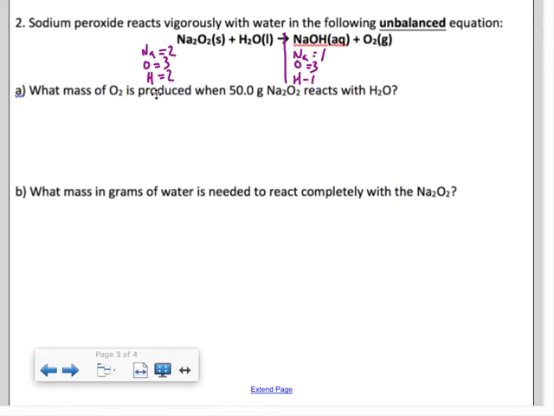All right, let's see. The H's are not happy, so let's just stick a 2 here and see what happens. 2 times 2 is 4. 2 times 1 is 2 plus 2 is 4. Come over here. I'm going to stick a 4 here, mess everything up.